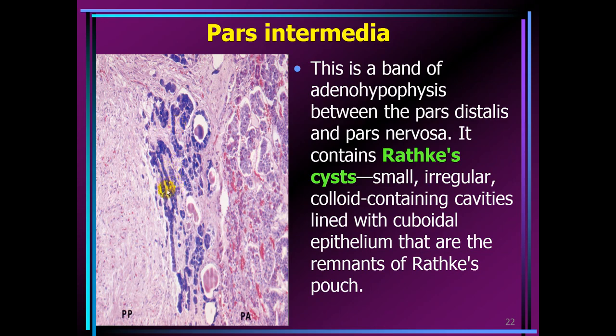Between them are the layers of connective tissue with the blood capillaries, and these Rathke's cysts. Inside the cyst, you can see the colloid. Cuboidal epithelium, you can see, covers the wall of the Rathke's cysts. On the left part, it is neurohypophysis, a pale staining region.